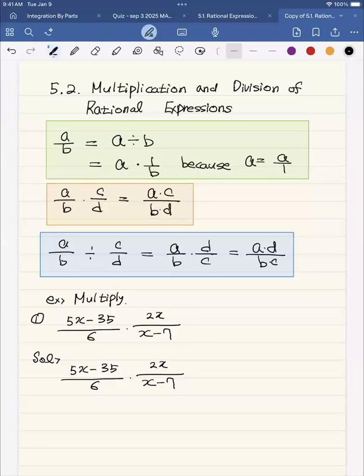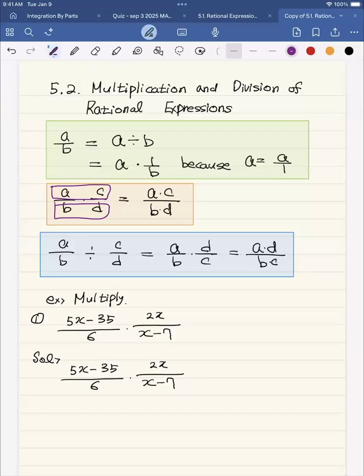When we have two fractions, a over b times c over d, we can multiply the numerators together and denominators together and write it as ac over bd.